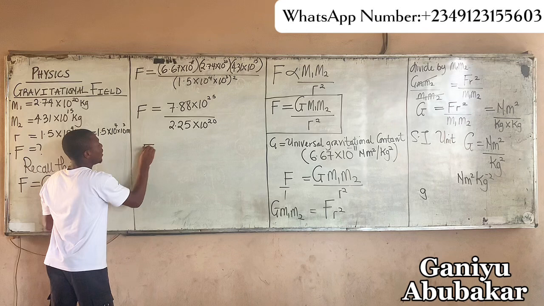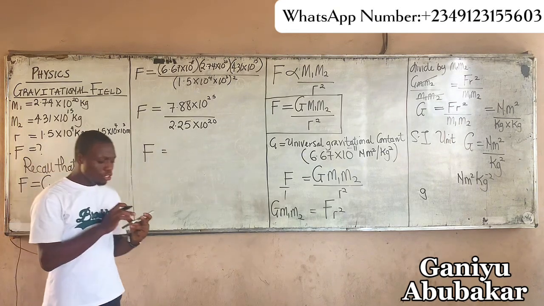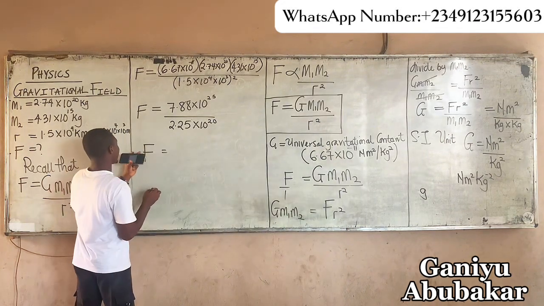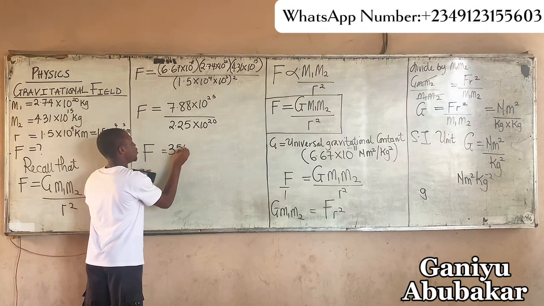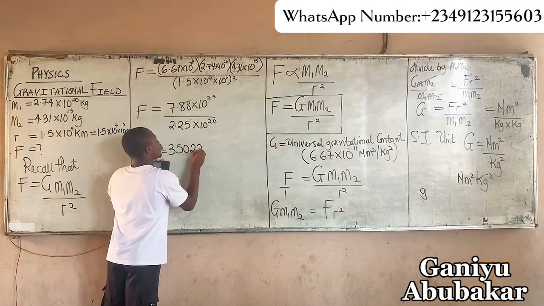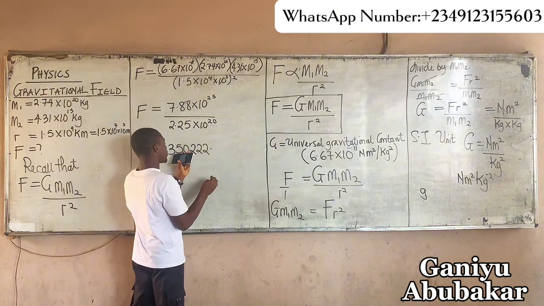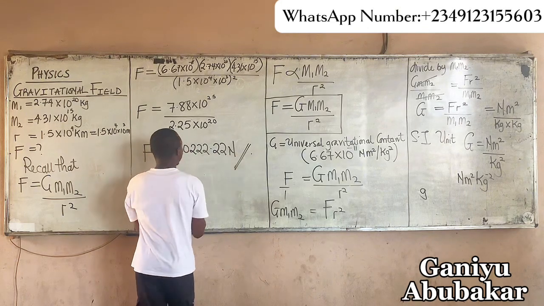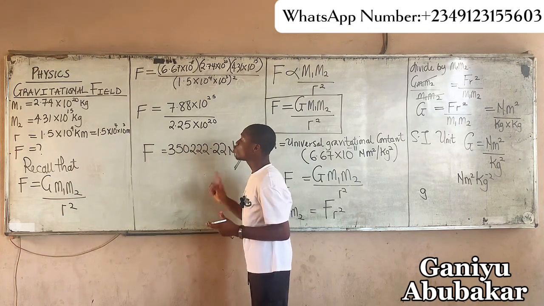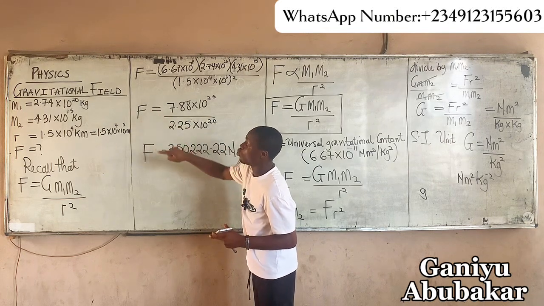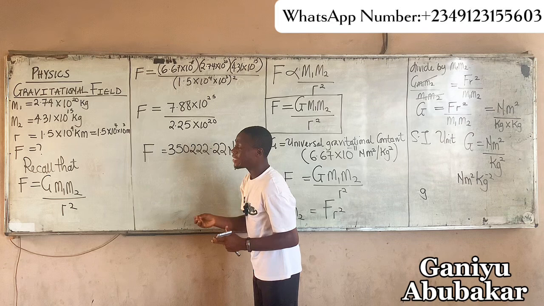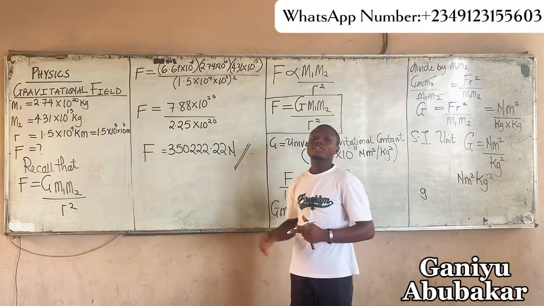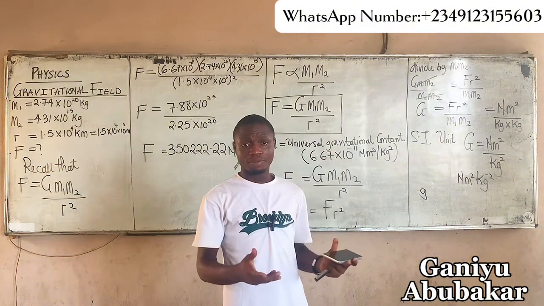If I divide the numerator by the denominator, my force F is equal to 350,222.22 Newton. This is my force of attraction between the two masses m1 and m2 separated by that distance apart. This is how I solve this particular question.